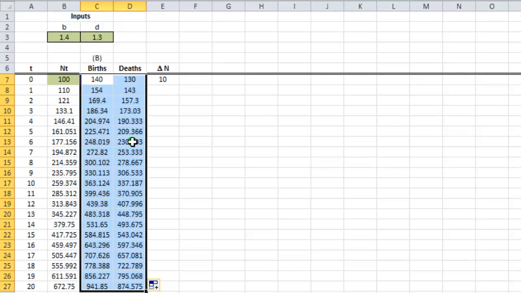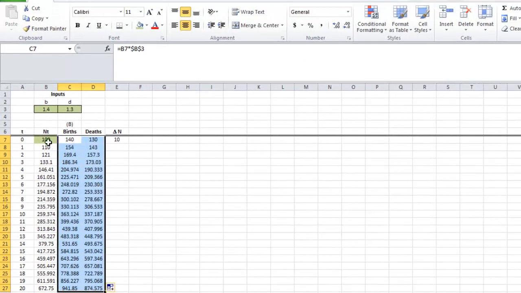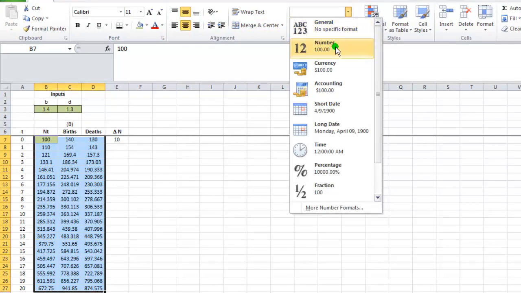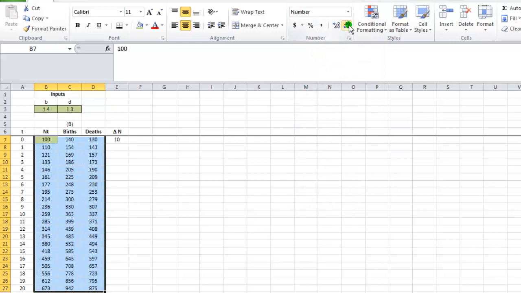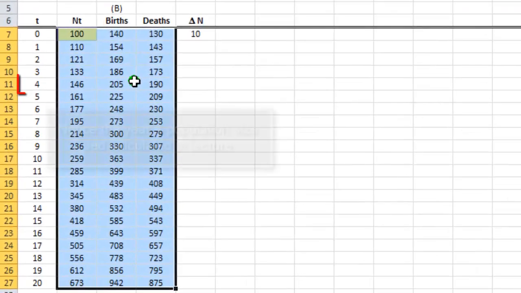That's not a concern for us because we're modeling a whole population. We're not modeling individual animals. What you can do is hide those. We'll turn those into numbers, and we can just shrink the decimal places. That just hides the display of them. It doesn't actually change the number that's underneath of these cells.